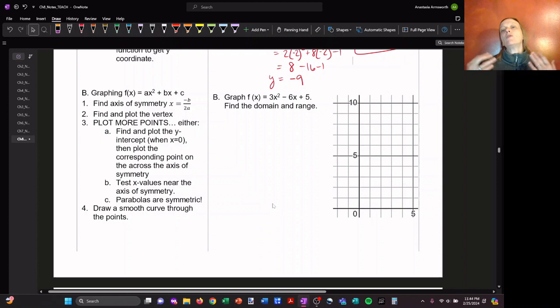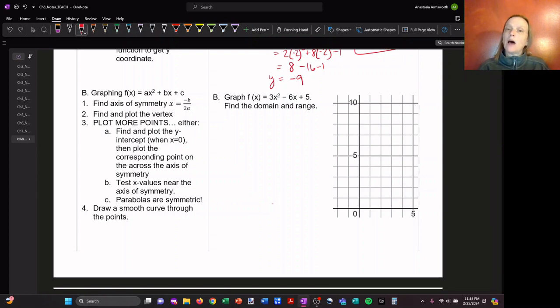So if you fully want to graph a parabola that has a b term in it, let's practice doing that axis of symmetry again. I want to graph the parabola, but my first step is going to be to find that axis of symmetry and then to use that axis of symmetry to find and plot the vertex.